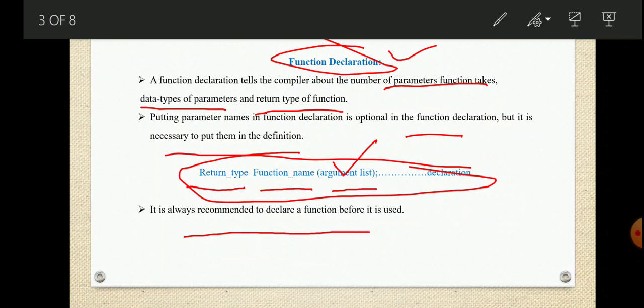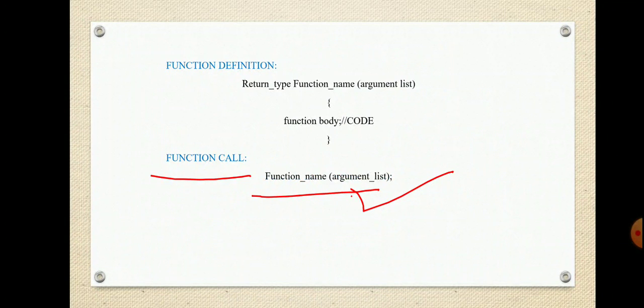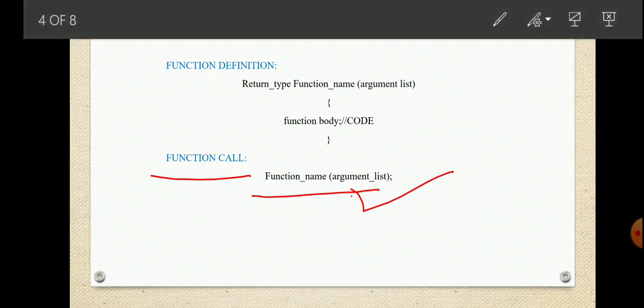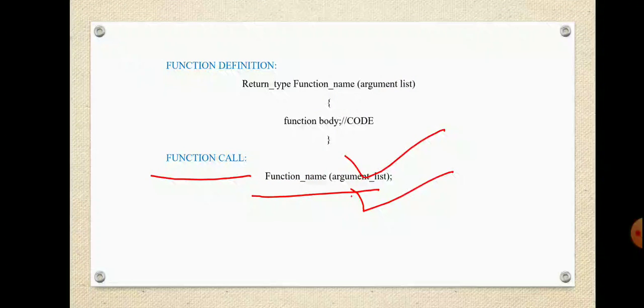In C there will be no error. So at the time of declaration, do not leave the argument list empty. Either type void or type the parameters, however many you want to pass.